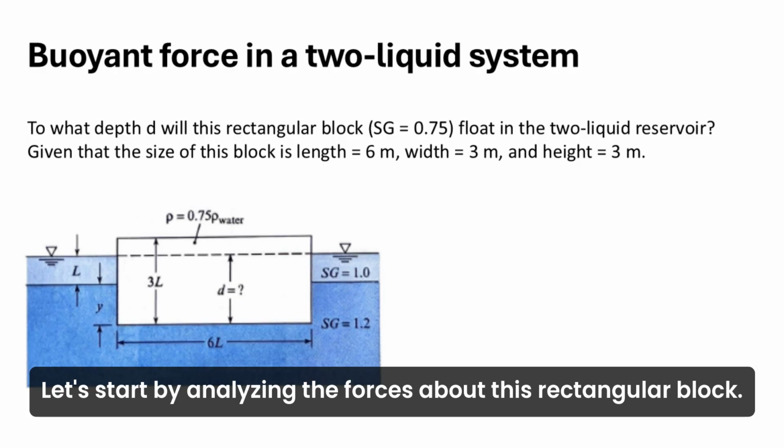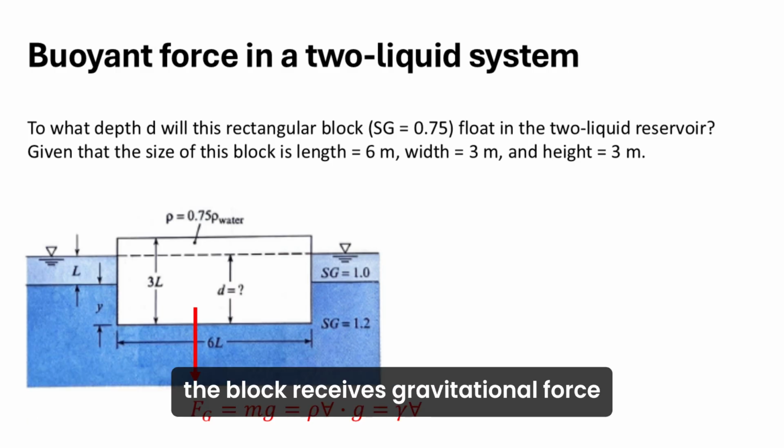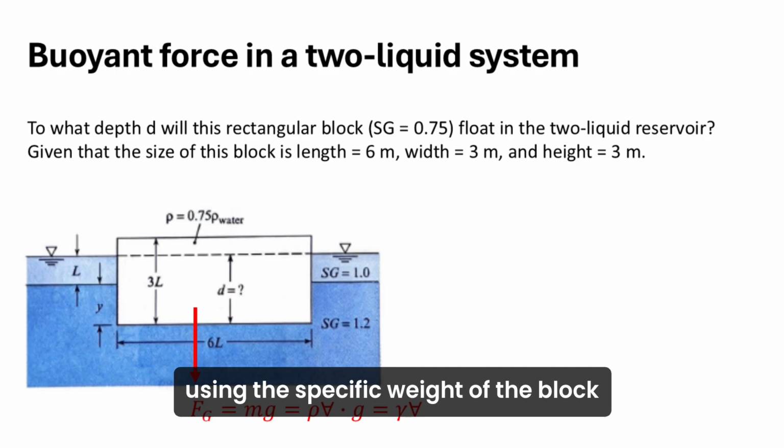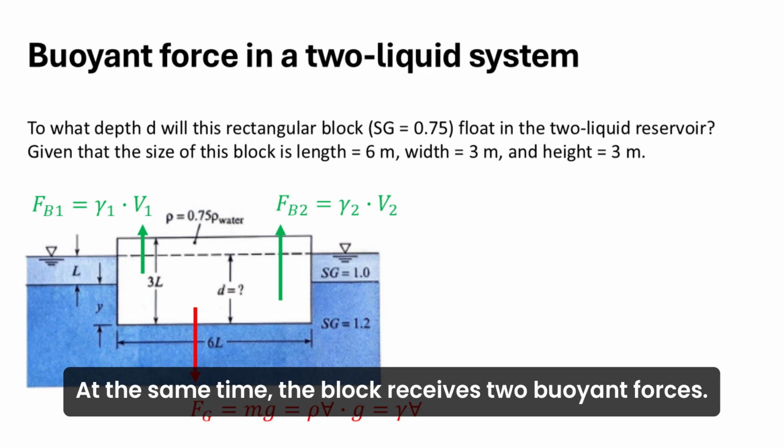Let's start by analyzing the forces on this rectangular block. It is not difficult to see that the block receives gravitational force, Fg, which can be calculated using the specific weight of the block multiplied by the volume of it. At the same time, the block receives two buoyant forces.